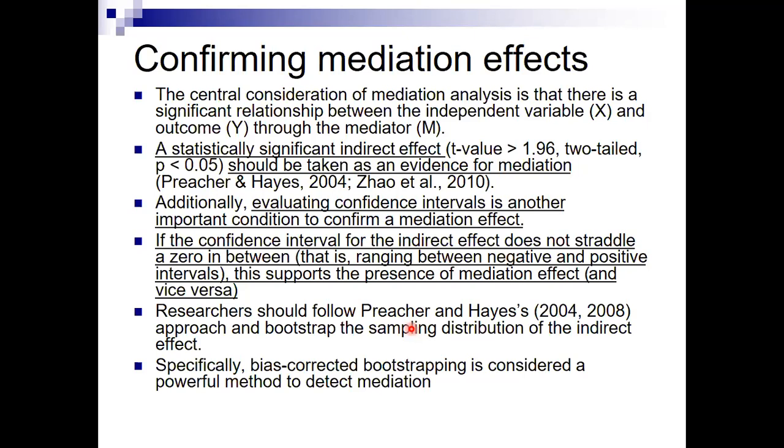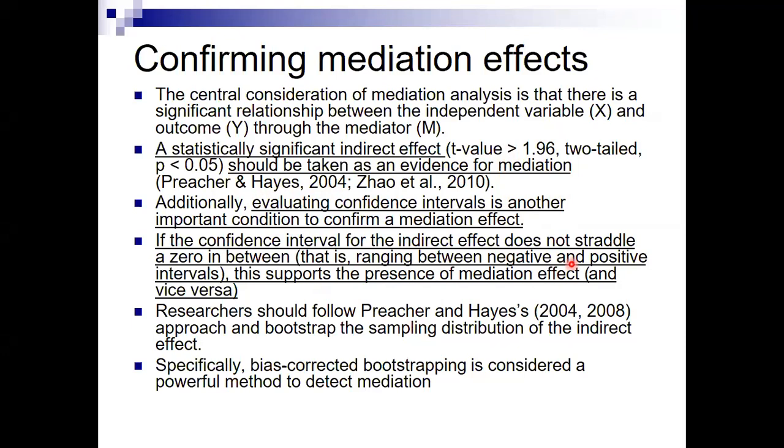Or could also be significant. That is also possible, okay? Either way. Now, a statistically significant indirect effect should be taken as evidence for mediation. And you can quote Preacher and Hayes and Zhao et al., okay? Should be taken as evidence for mediation, as we discussed previously.